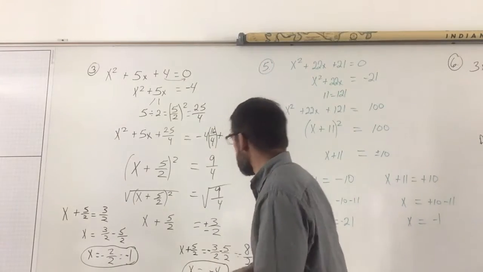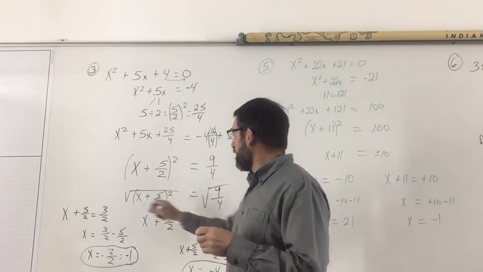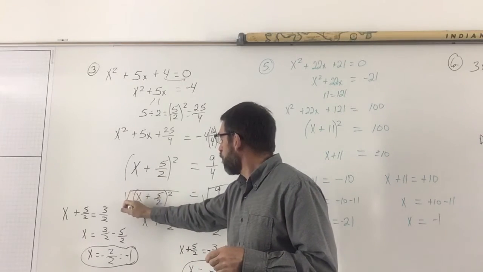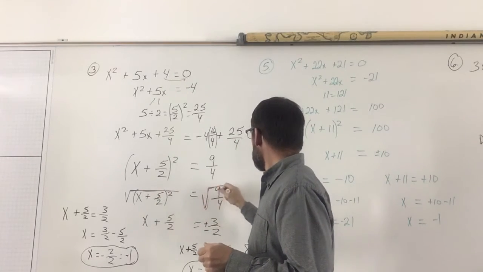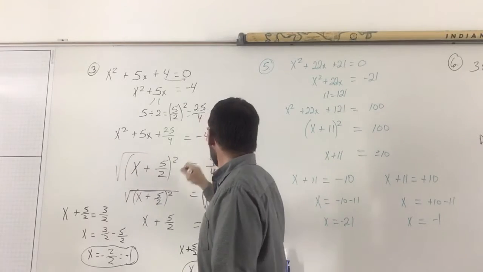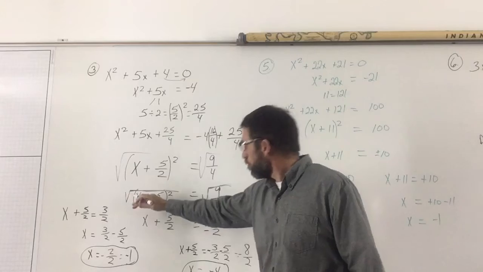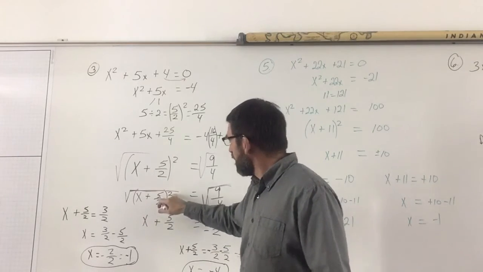Now the next step is to get rid of the square, and I did it right here. I just copied this problem straight down, and I used a radical sign. I took the square root of this and of this. I did it in another step. If you're working these problems out, you can just do it right here and bring it on down. I recopied these problems and did it again. So that eliminated this little square.